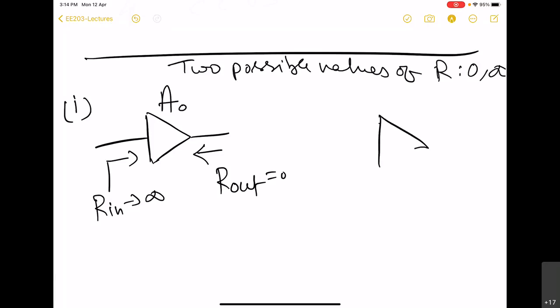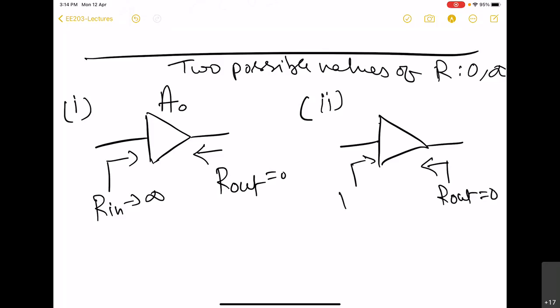Then the second possibility is that the output resistance remains 0, but the input resistance also becomes equal to 0. In this case, the transfer function will be designated by the symbol R naught.